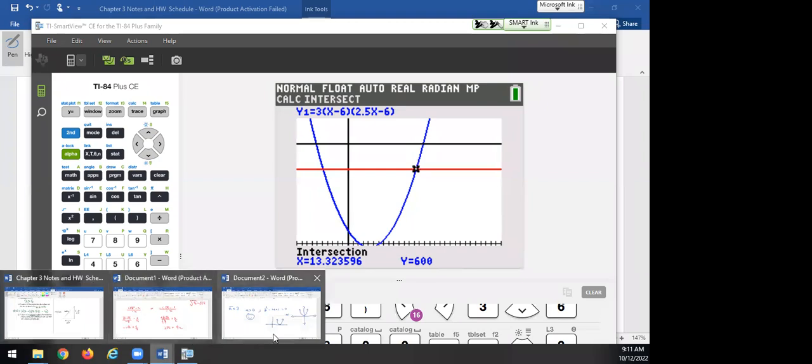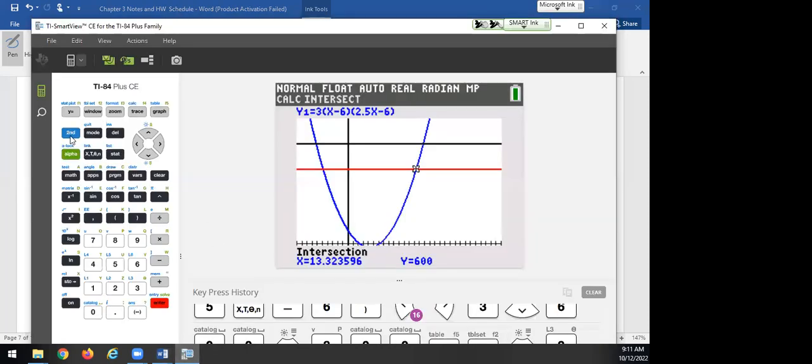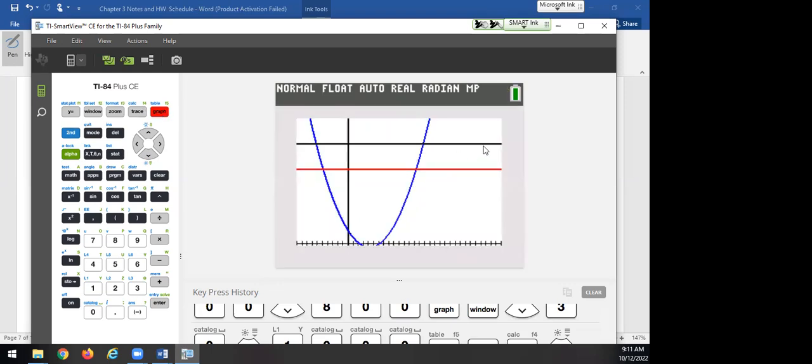So we know that x must be greater than 13.32, but less than, let's find the upper boundary. So you're going to do the same thing. I'm going to second quit and go back to my graph and calculate my intersection now for the top one. So do the same thing.